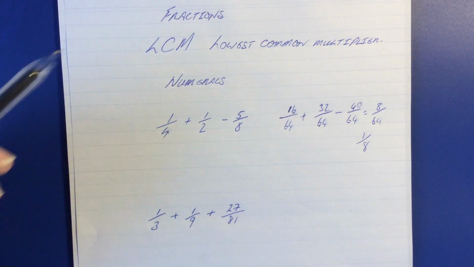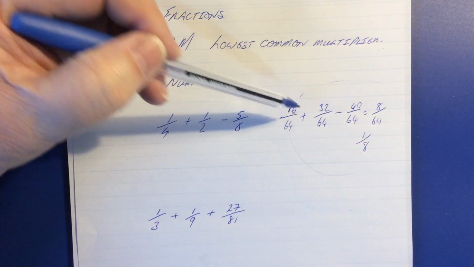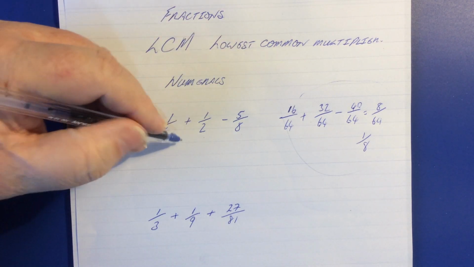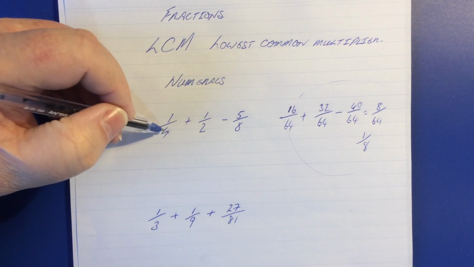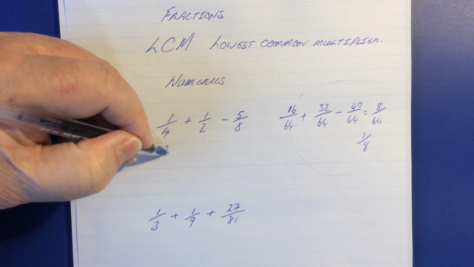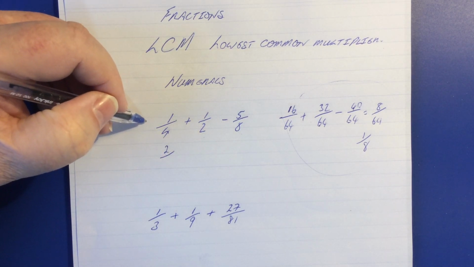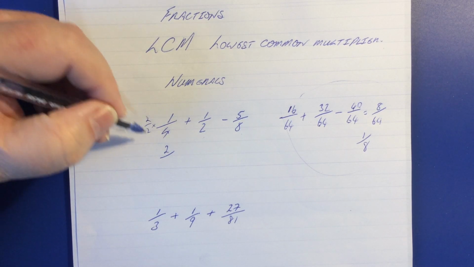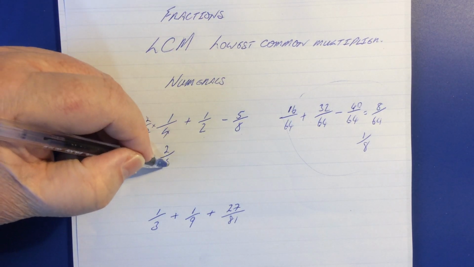Now, no harm done. It's a little bit of extra work, it's larger numbers. But consider this. What do we need to do to 4 to get 8? Well, we multiply it by 2, top and bottom. So that's 2 over 2, if you want to look at it that way. So that becomes 2/8.